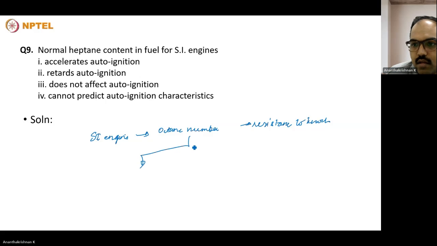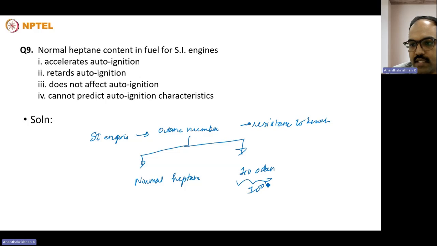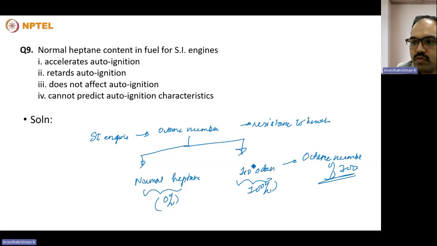It comprises normal heptane and iso-octane. If it is 100% iso-octane and 0% normal heptane, that corresponds to an octane number of 100. So this will have the highest anti-knock tendency.